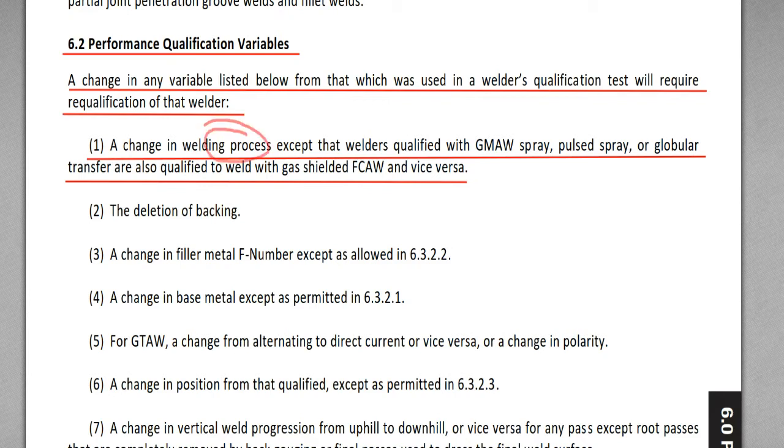So welding process means SMAW, GTAW, GMAW, etc. A change in welding process requires requalification, except GMAW spray, pulsed spray, or globular to each other, and the same thing applies to FCAW and vice versa.